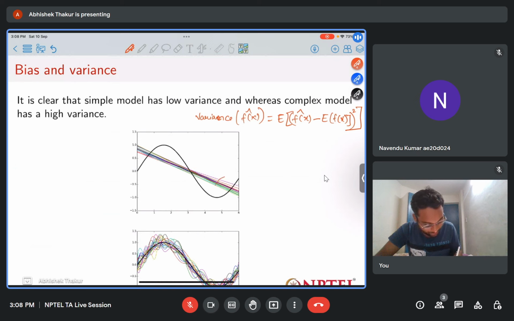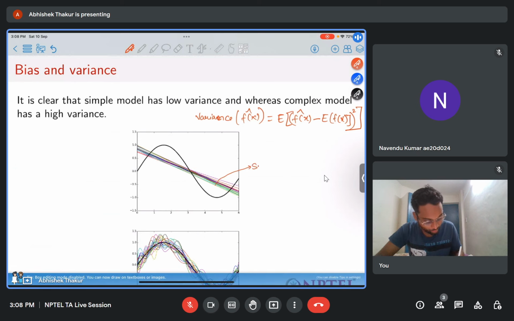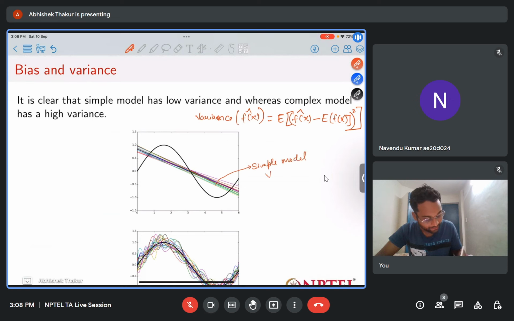All these curves are for the simple model. Variance is very low.